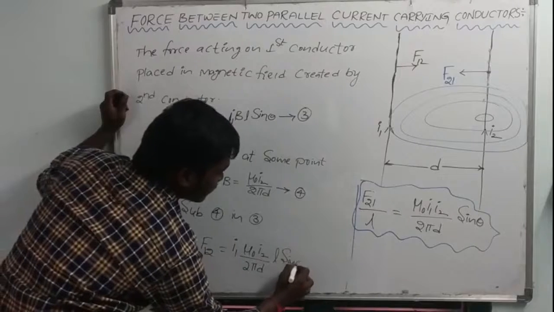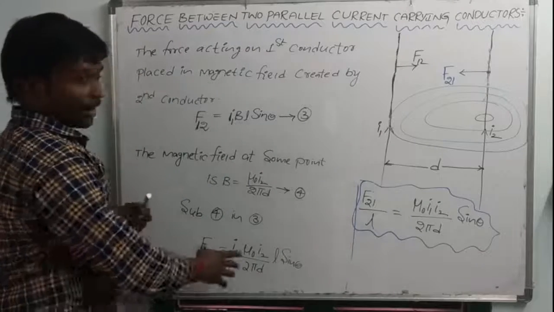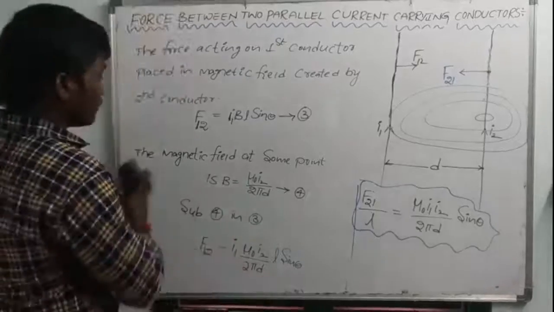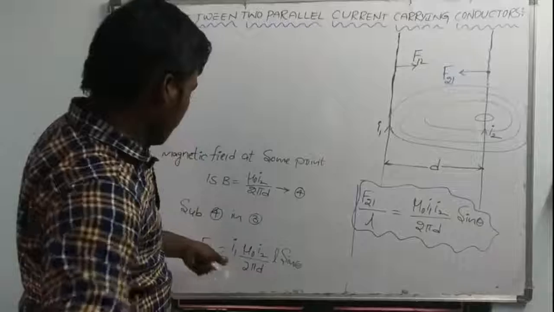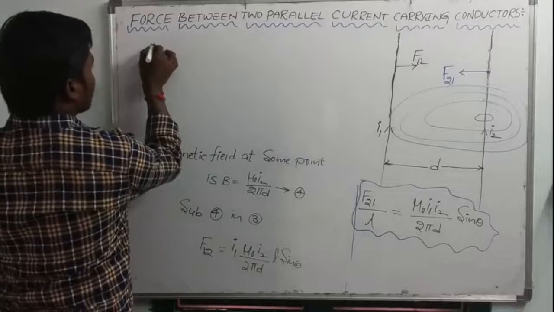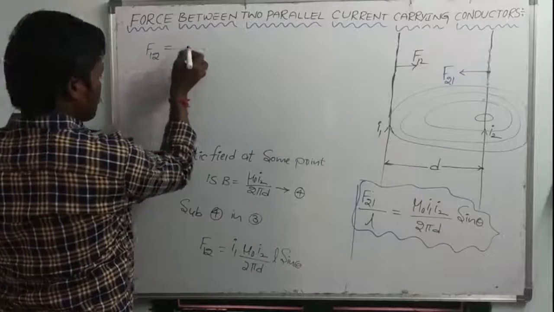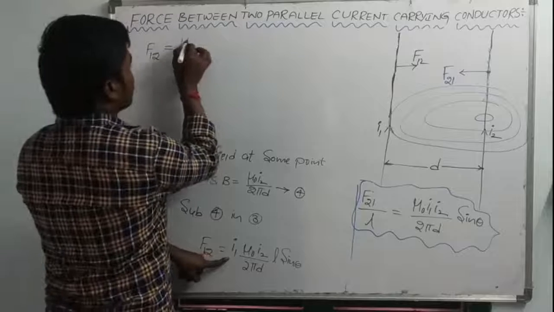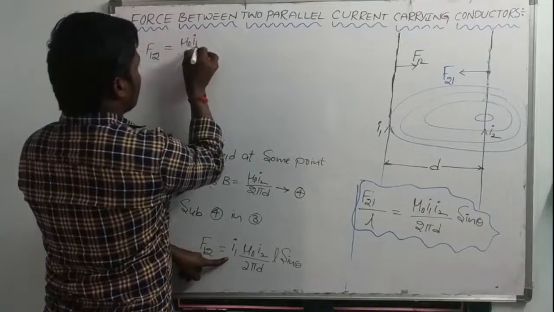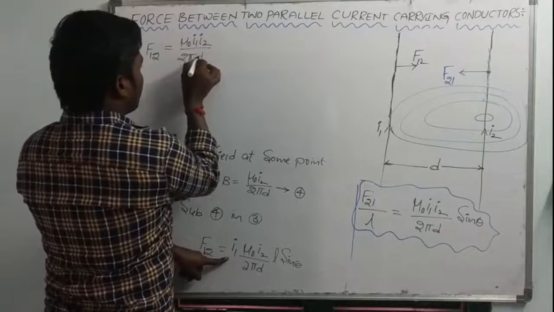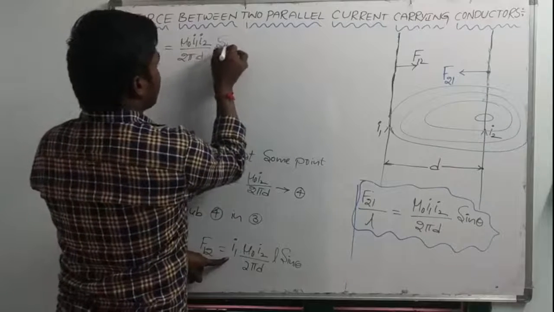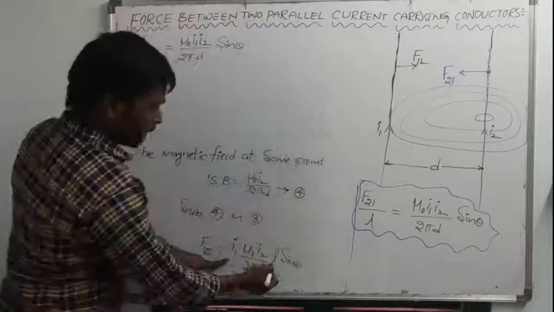You can write it in order: F12 is equal to mu naught I1 I2 by 2 pi d sin theta, with L sent to this side.